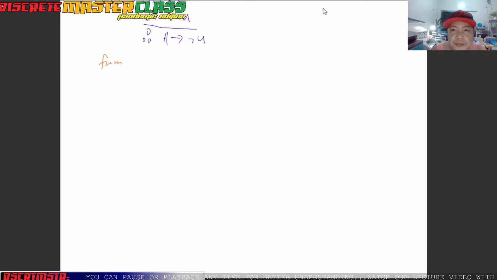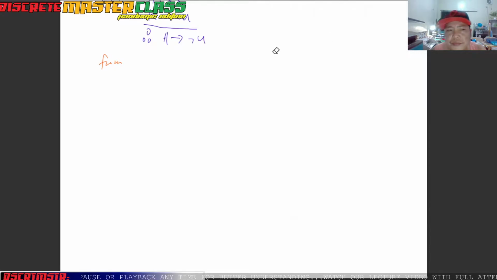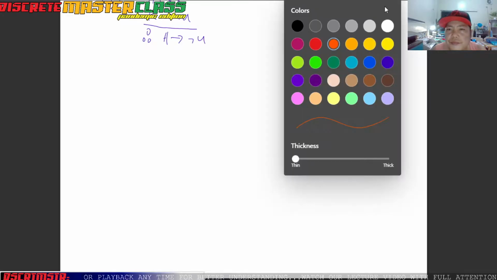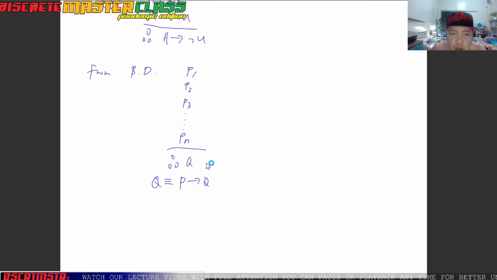From basic definition, we have P1, P2, P3, up to Pn, therefore Q. By letting Q be logically equivalent to P implies Q, yun yung sinasabi ko kanina, sometimes conclusion is implication.